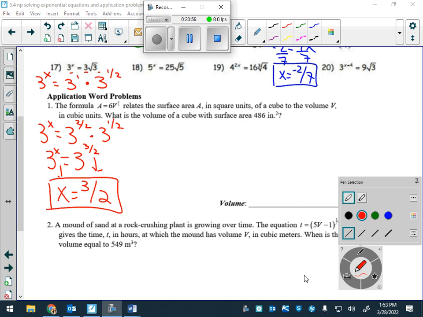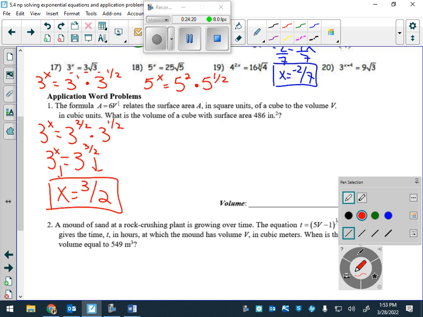Okay, so how would I rewrite? We have 5 to the x equals, now, how would I rewrite 25 with the same base? 5 squared. Then how would I rewrite the square root of 5? 5 to the 1/2.